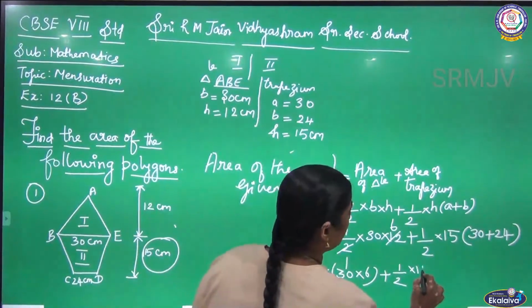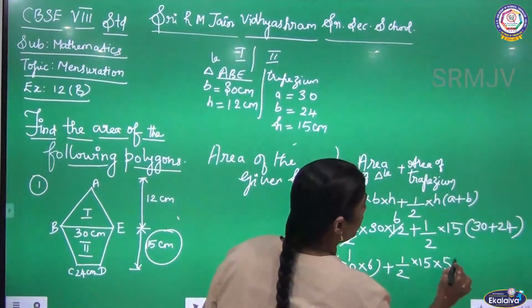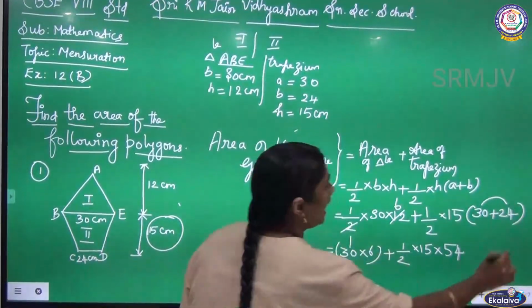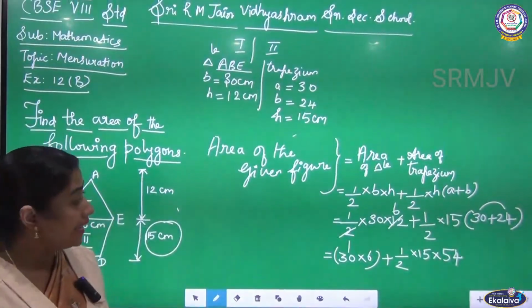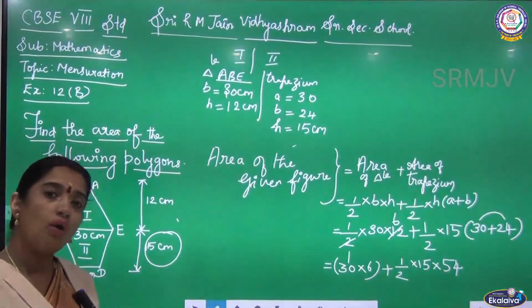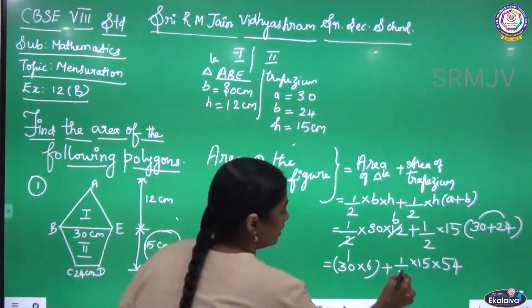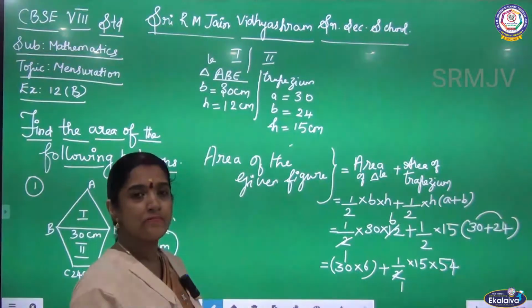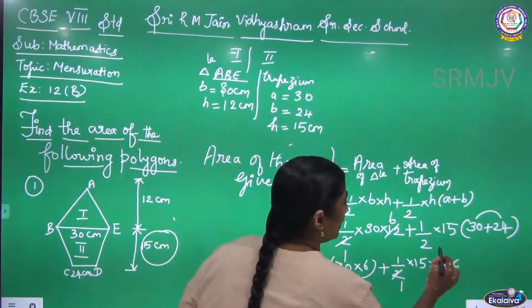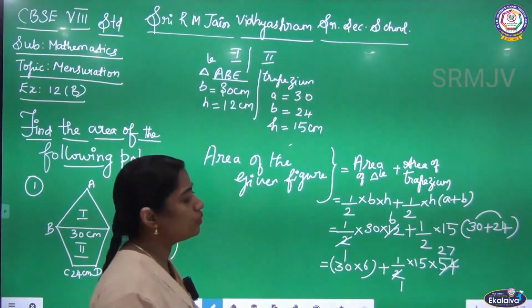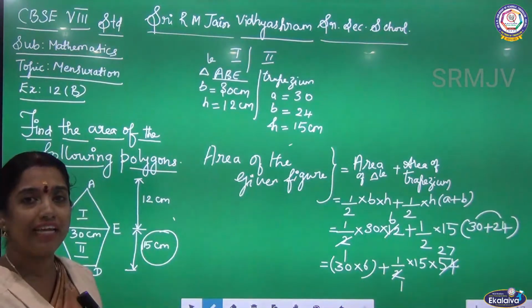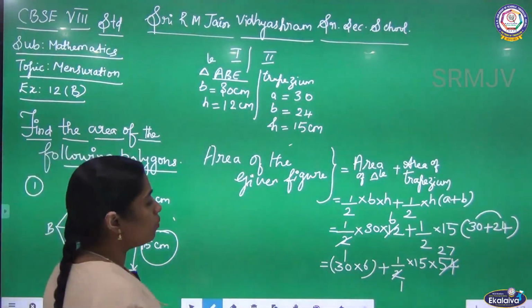What is 30 plus 24? Which is 54. Now I can cancel in the 2 table. 2 ones are 2, 2 27s are 54.